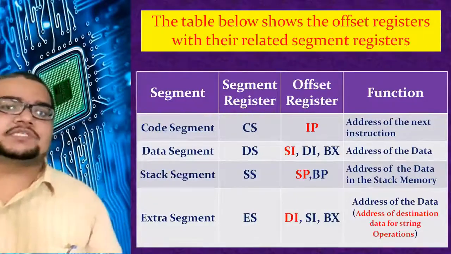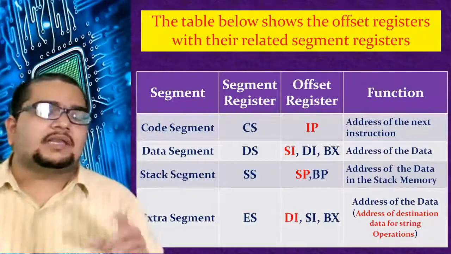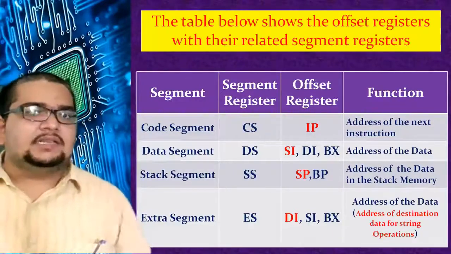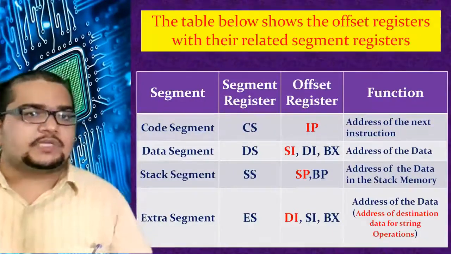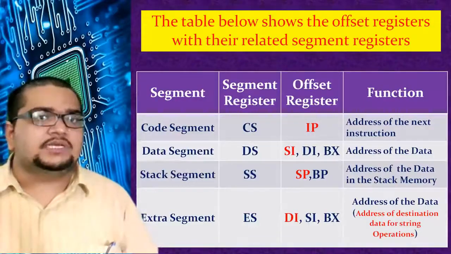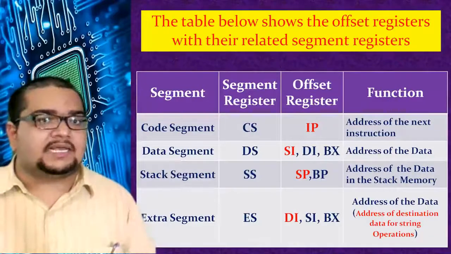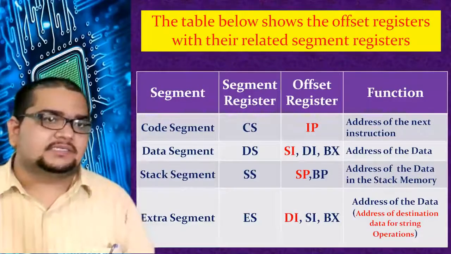Now, these combinations you have to just remember. Earlier, while discussing segment registers, I told you about these combinations. In general, when the code segment area of the memory is used, the segment register, wherever the segment address is held, is the CS register.